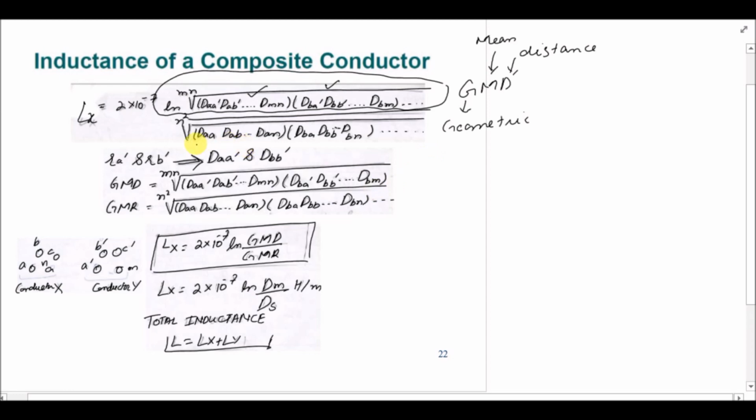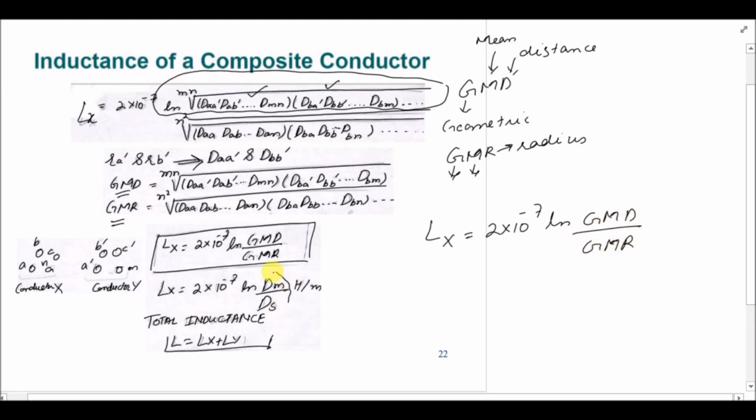And the denominator term is actually GMR, geometric mean radius, because it was the distance between the filaments of the same conductor, right? So this whole term can be replaced by GMD, and the whole term in the denominator can be replaced by GMR. So the formula for the inductance of X conductor is 2 into 10 raised to minus 7 ln GMD over GMR.